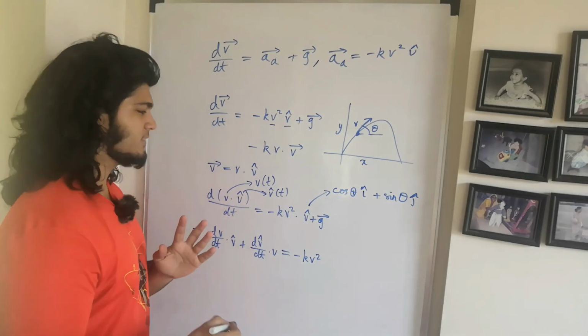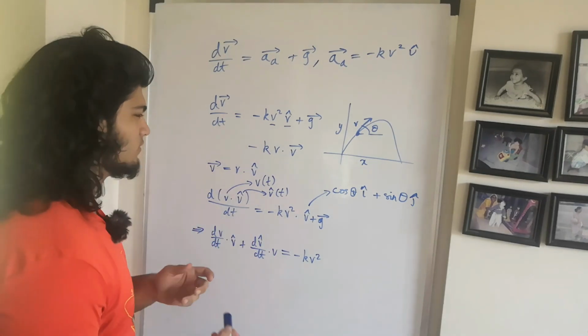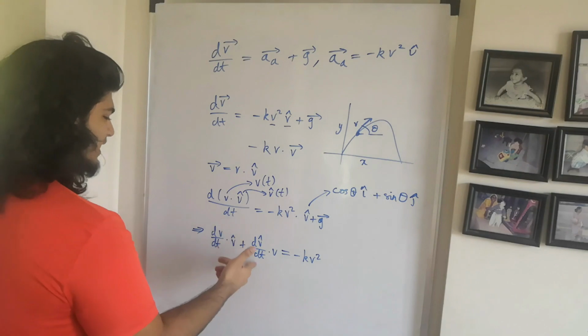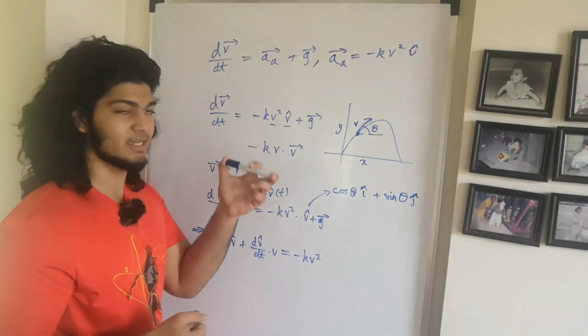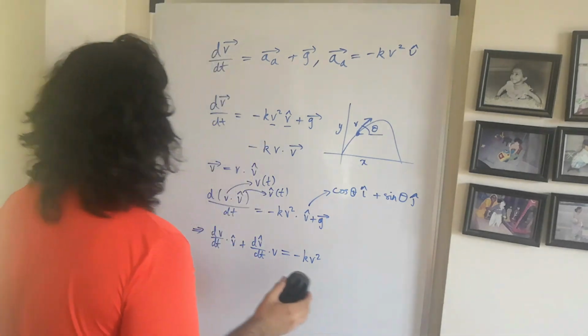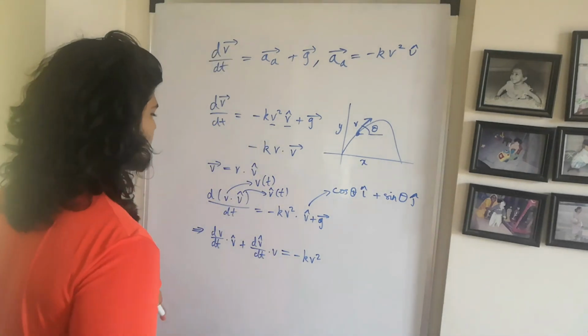So now we have made the direction a bit more workable, because dv hat by dt is a bit tough to deal with as compared to cos theta i hat plus sine theta j hat. So now that we've done that, this will be much easier to work with.